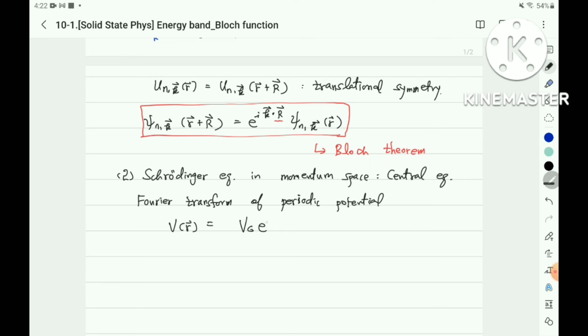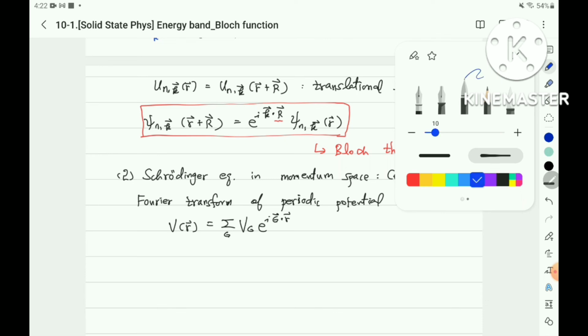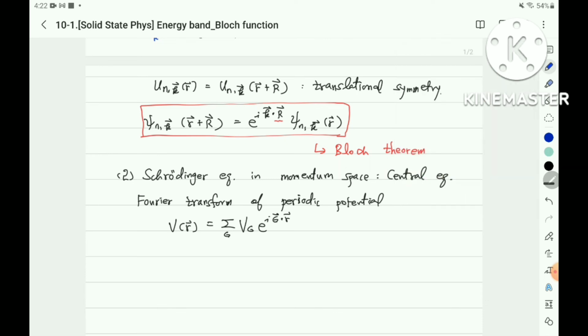Also, e^(ig·r) is the Fourier transform extended state, and it is not an integral but a summation over the reciprocal lattice vectors, because the reciprocal lattice vector is not continuous; the ionic solid is not continuous but discrete. It forms a crystal structure.